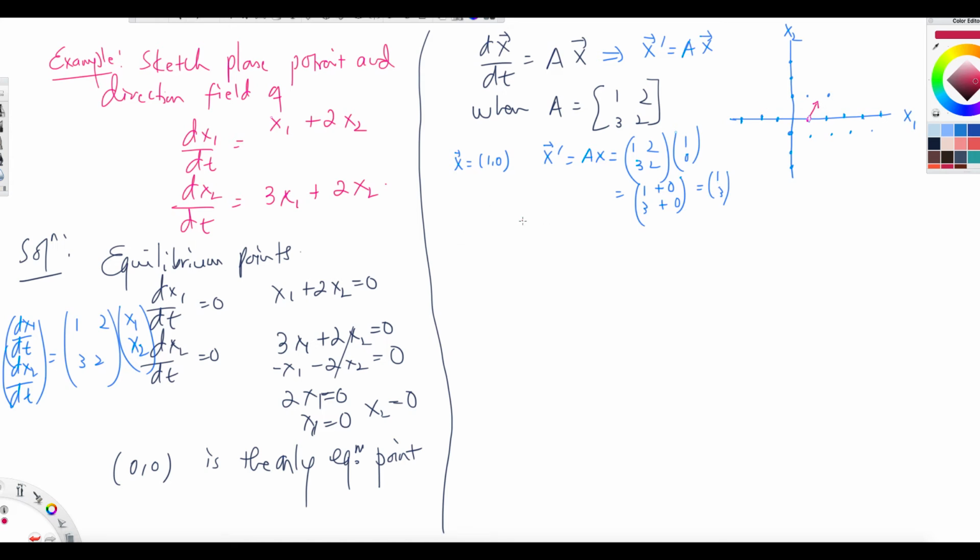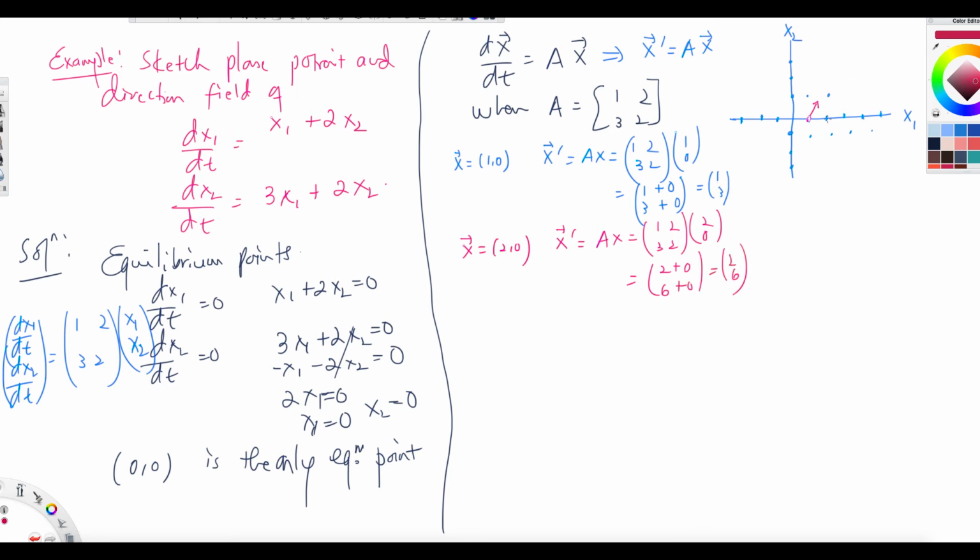Similarly, if you take, let's say, x equals (2, 0), then you will see x prime will be Ax again, right? You will write [1 2; 3 2], and then you do (2, 0). What do you get? If you multiply, you get 1 times 2 is 2 plus 2 times 0 is 0, and then 6 plus 0, that will give you (2, 6).